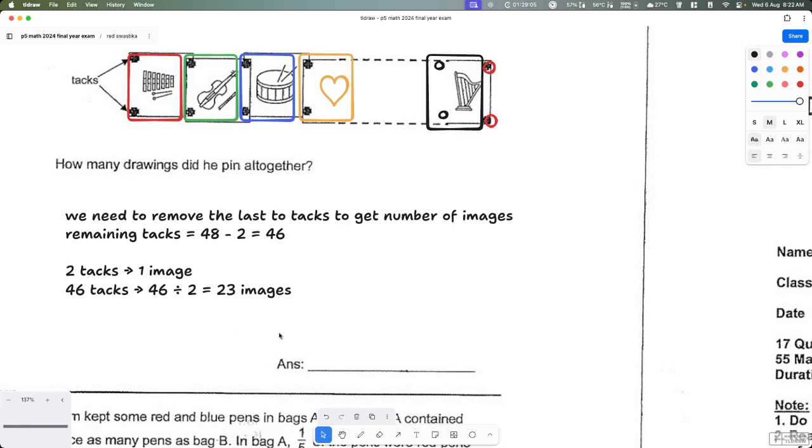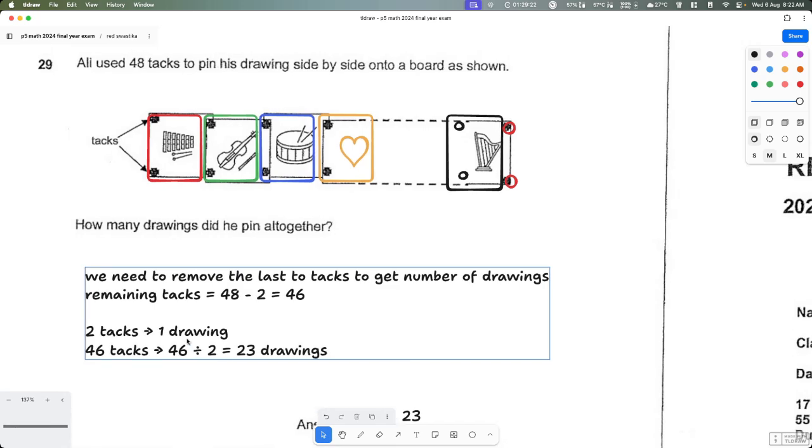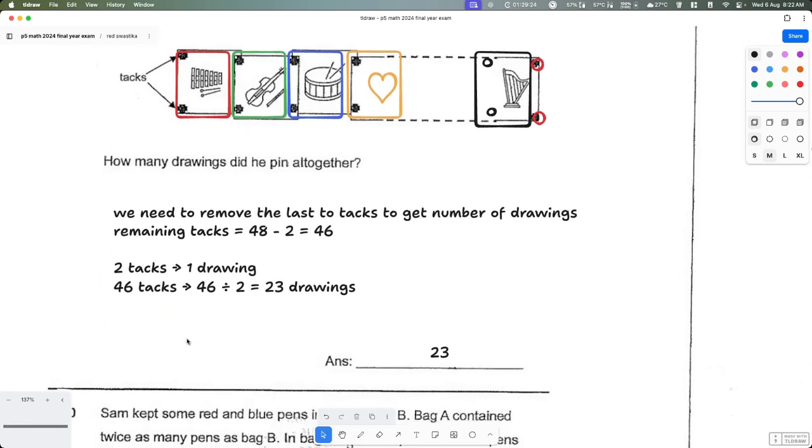So there we go. The answer is 23 images, or drawings. Let's put the word drawings. That's what I see over here. All right, that's it. Let's move on.